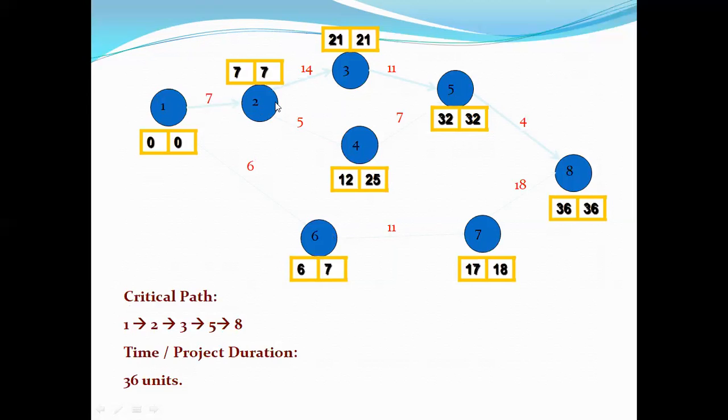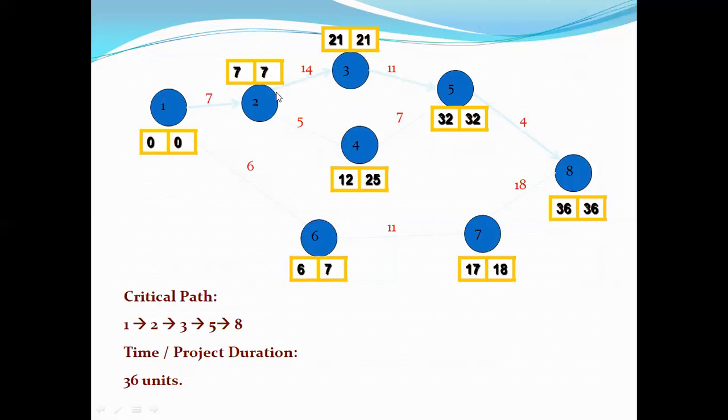Now how do you calculate the value of the next TE, for event 2? We just add the TE value of the predecessor to the activity time. So 0 plus 7 is 7. Now 7 plus 14 is 21. 21 plus 11 is 32. From this you can see event 5 can be attained by some other path also.